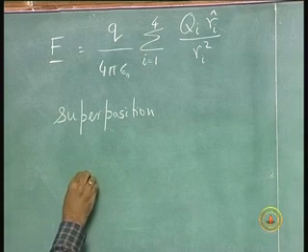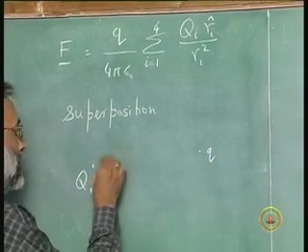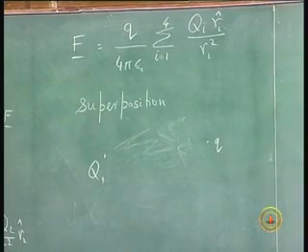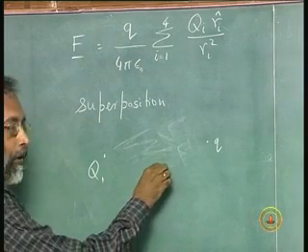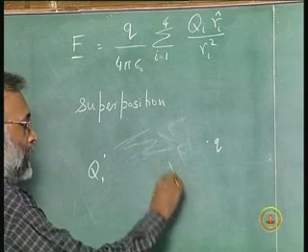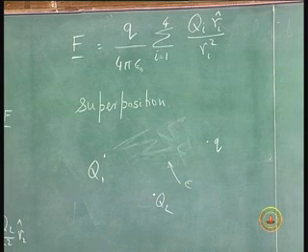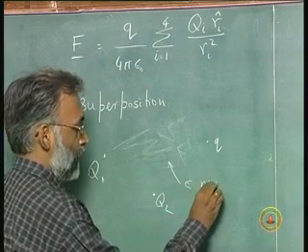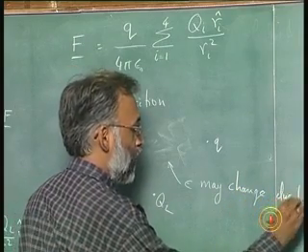Supposing I had my charge Q1, this is my Q, and supposing the medium in between were affecting Coulomb's law, and supposing the medium, its properties change because of Q2. For example, the medium has an epsilon. We have been writing epsilon naught, but the medium may have a different epsilon, and this epsilon may change due to Q2.